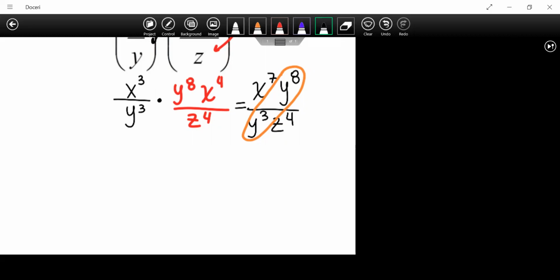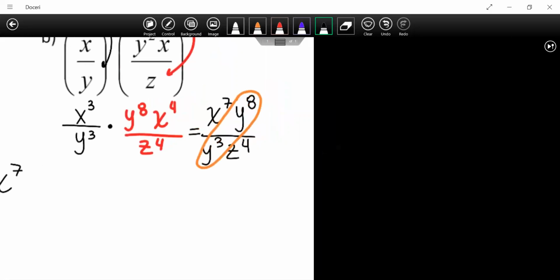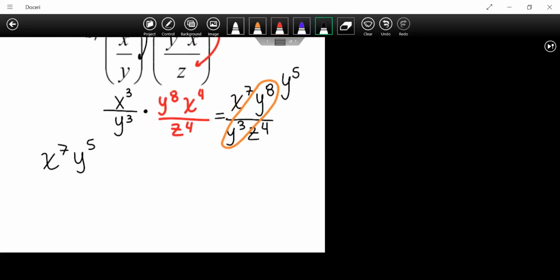So this will be x to the 7th, 8, or take 3 y's away from the top 8 is going to give me what? Y to the 5th. Right? You can basically do that again. So y to the 5th, z to the 4th. Can't reduce any more down than what we have in front of us.